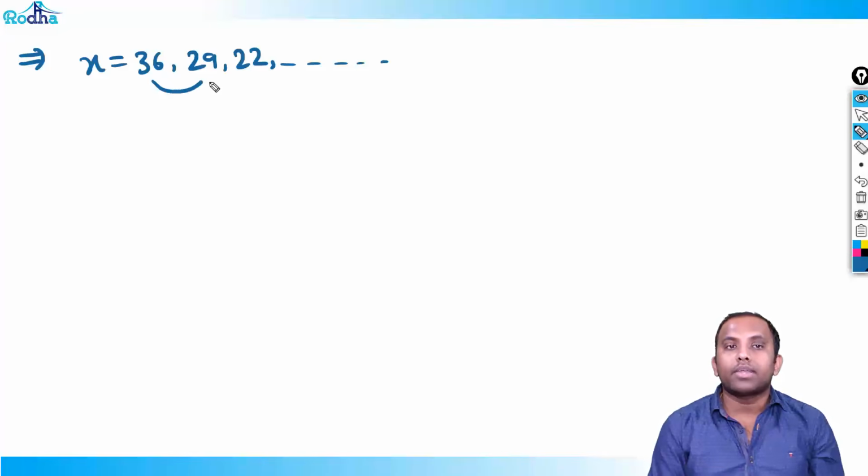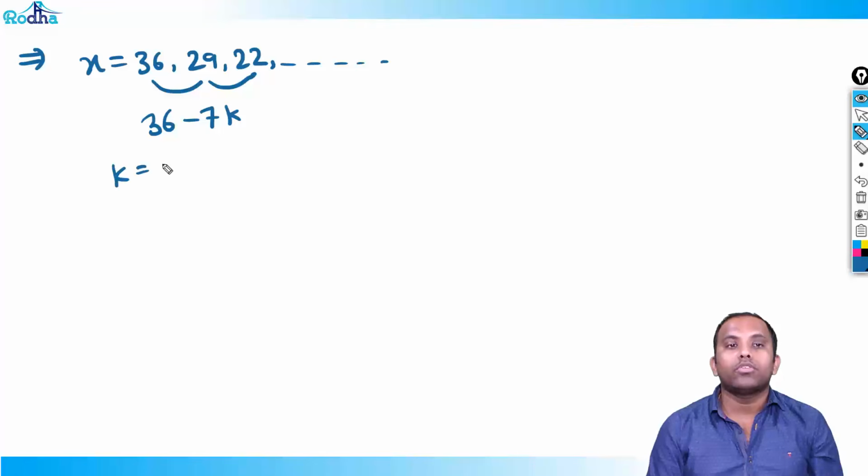It is decreasing in steps of 7, so first we'll write it is always a multiple of minus 7, minus 7k. What is the first number? The first number is 36 here. So this series is of the form 36 minus 7k.